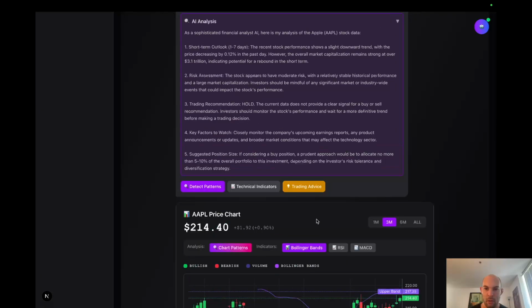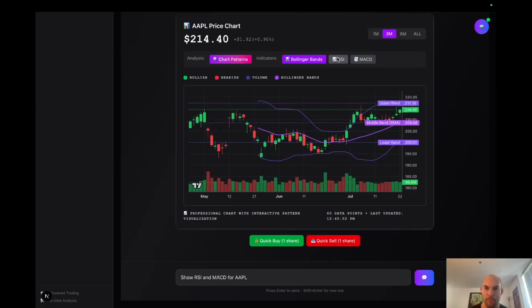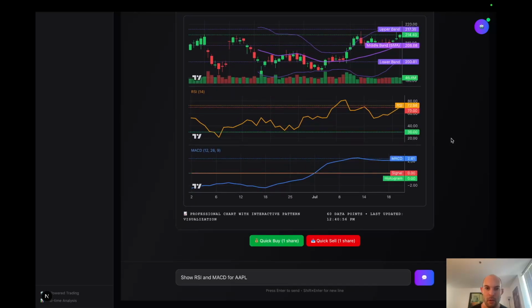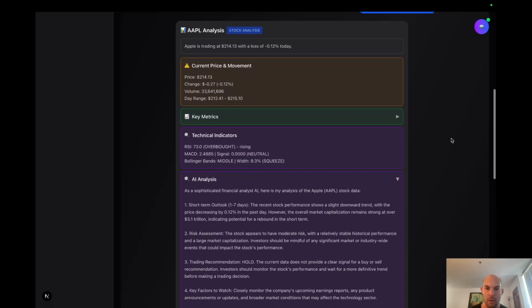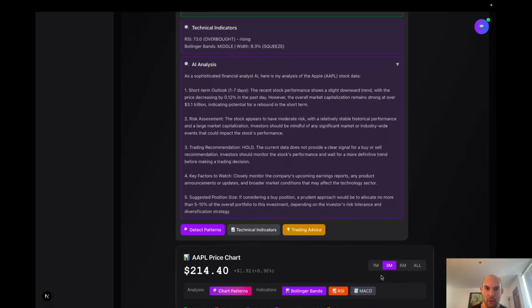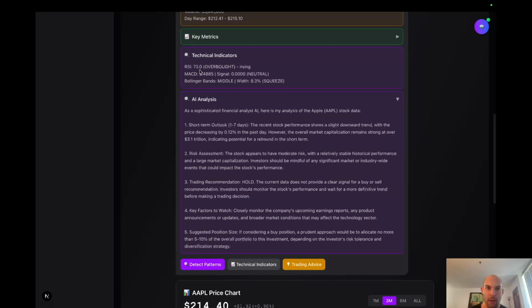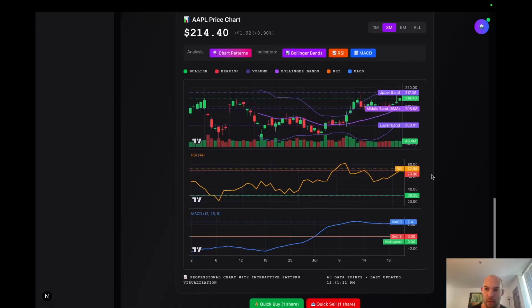So those are there. Oh, cool. So when you click it, it shows it here. So if I take off, huh, that's cool. Okay. MACD 73 overbought. Is that true?